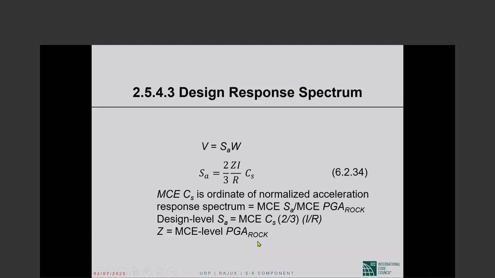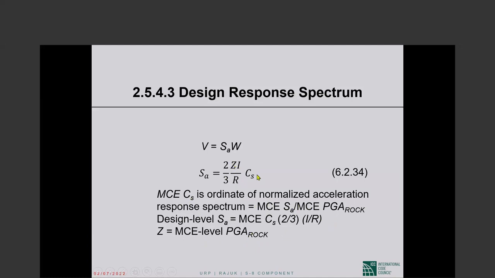So C sub S is MCE level S sub A divided by MCE level PGA on rock. Z is MCE level PGA on rock.